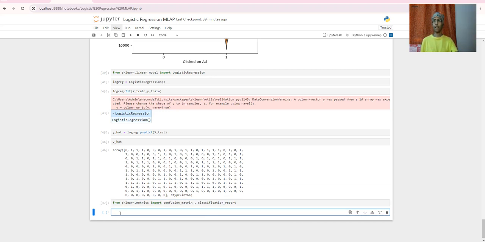Okay. Now let's use the confusion matrix first. Confusion matrix is equal to confusion_matrix(y_test, and we are going to compare y_test with y_hat.